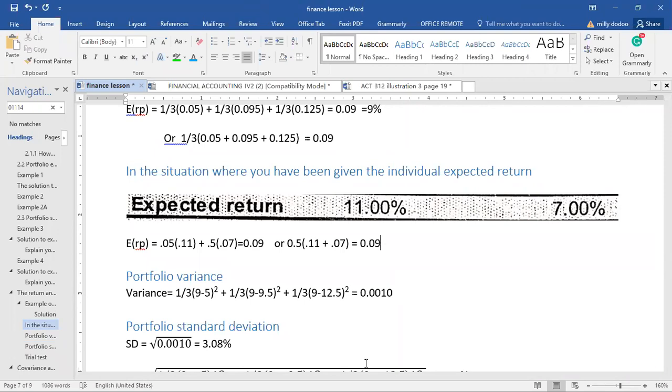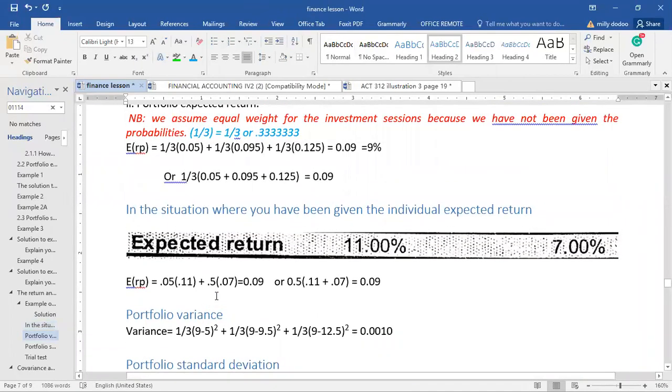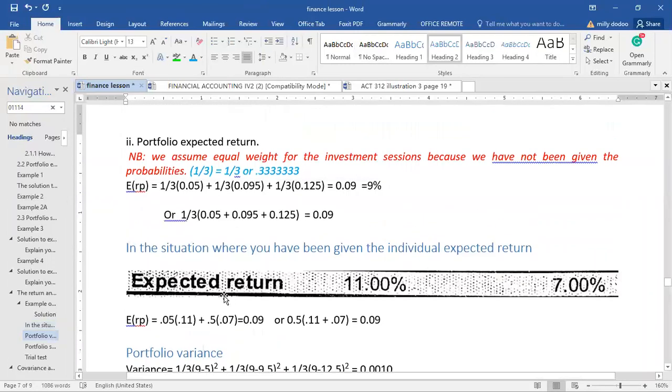If you have any question, raise up your hand. I'll give you a call, put you on the floor, and then I'll explain for you. So this is basically how we determine the portfolio expected return. Those who want to copy or jot some notes, you can copy.